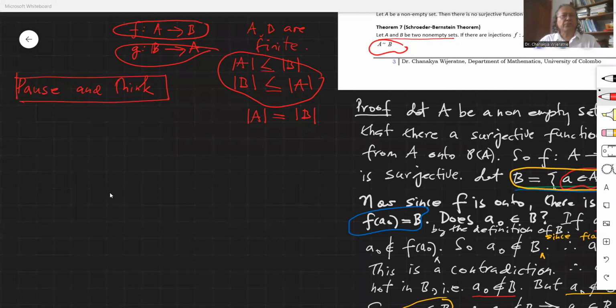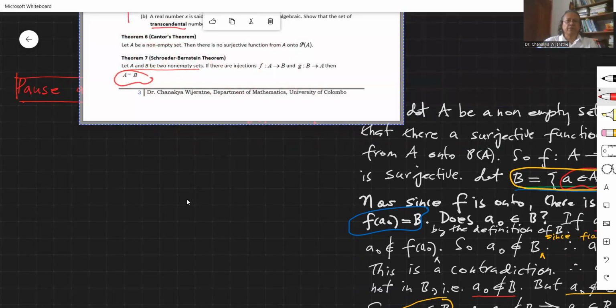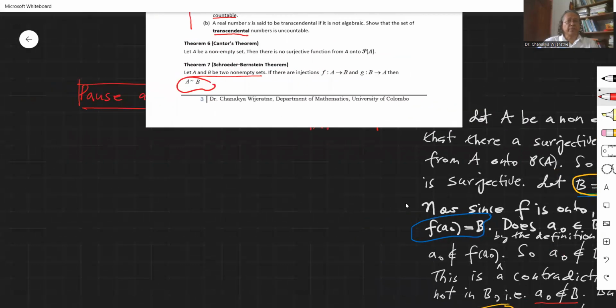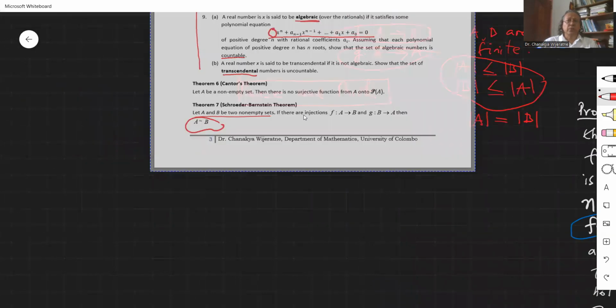Okay, so let's continue with the proof of the Schröder-Bernstein theorem. Now, to prove this theorem, they came up with a great idea. Often a mathematician finds a proof of a theorem, but then lots of other mathematicians come up with different proofs, right?